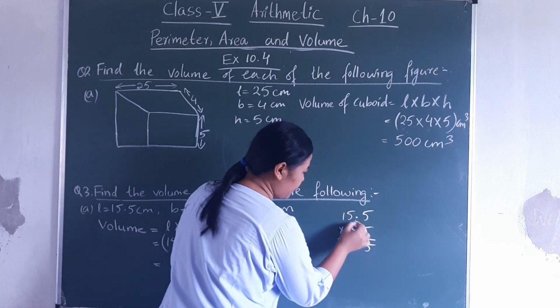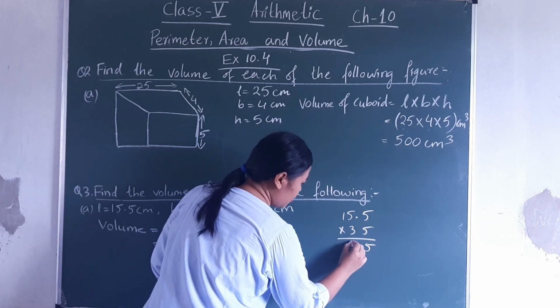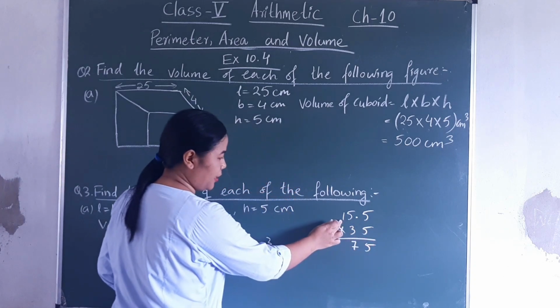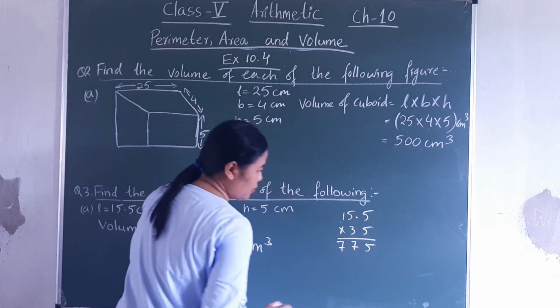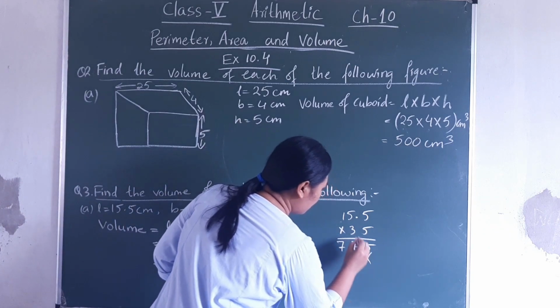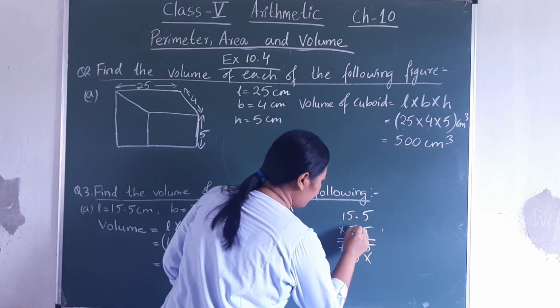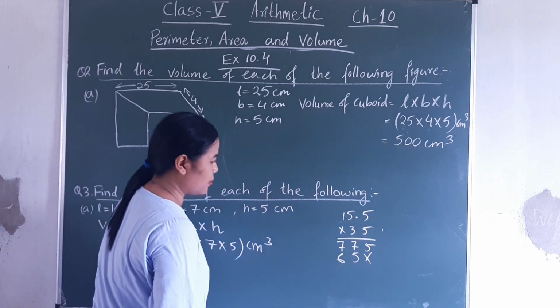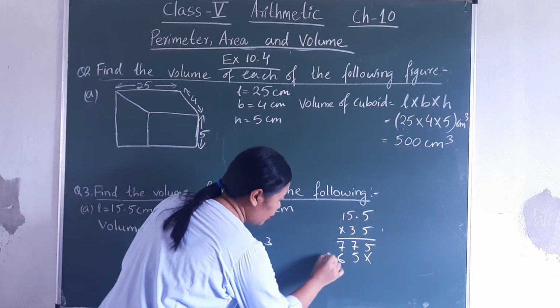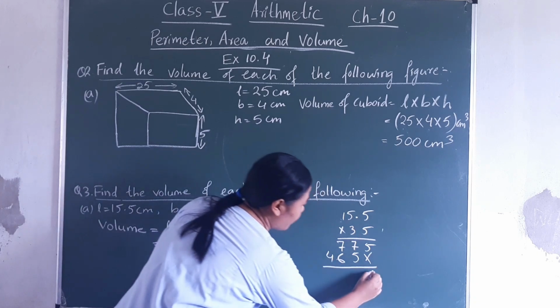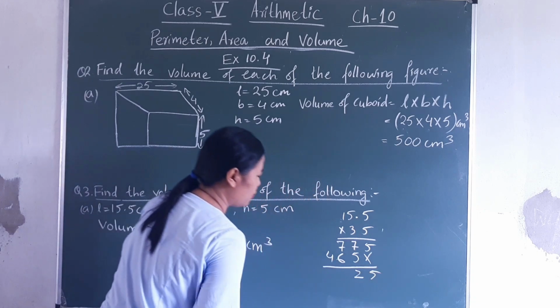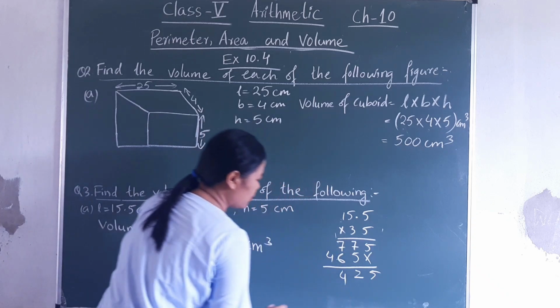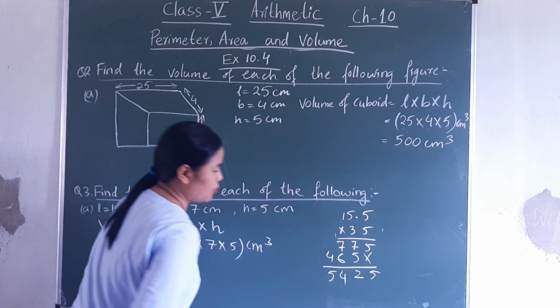5 5s are 25 plus 2 in hand, 27. 5 1s are 5 plus 2. 5 3s are 15, 1 in hand, then 6, 1 in hand, 3 1s are 3, 4. 12, 14, 1 in hand, 5.